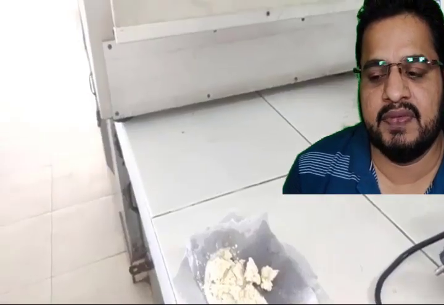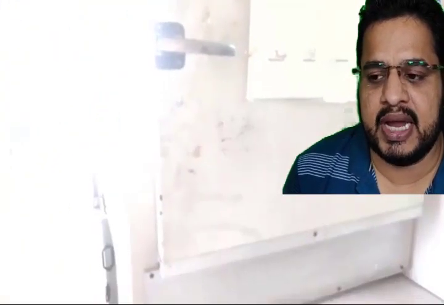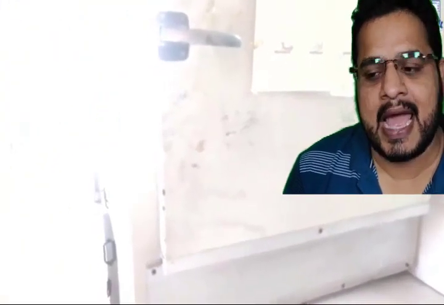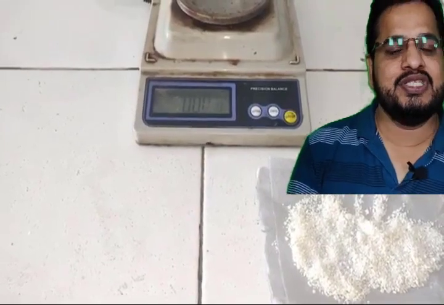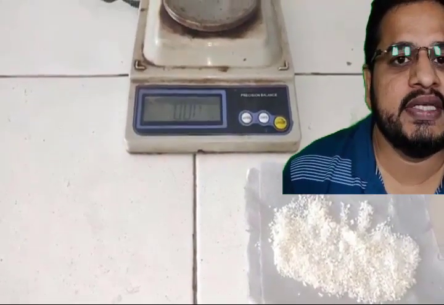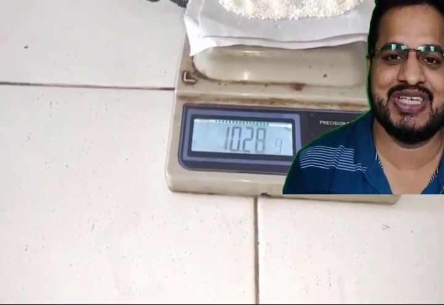Now this benzanilide has a melting point of around 160 degrees, so we will dry the compound at around 100 degrees centigrade in the oven, and once it gets dried you will see the compound like this, and this is your final compound. We are going to weigh it, and once we weigh this compound you get the practical yield, and the theoretical yield we are going to calculate through the reaction formula.